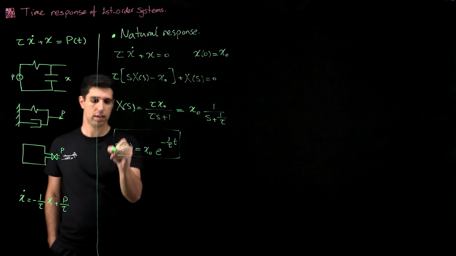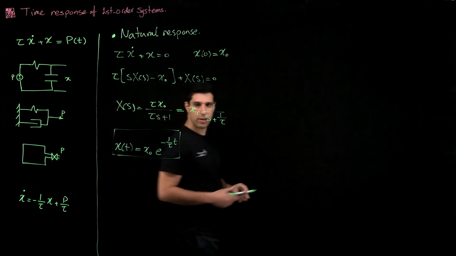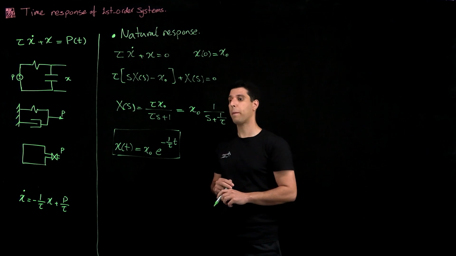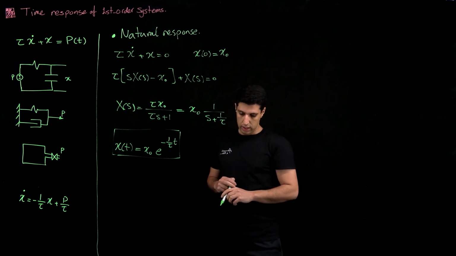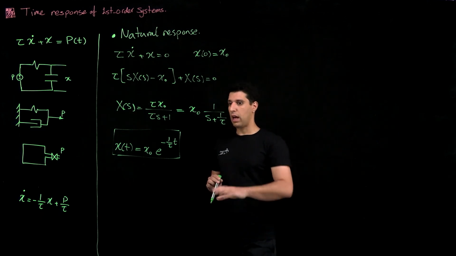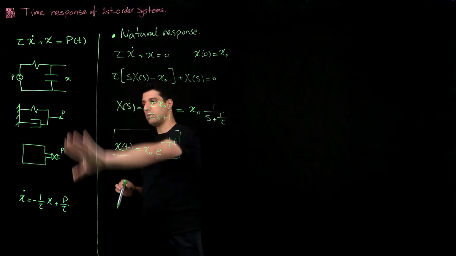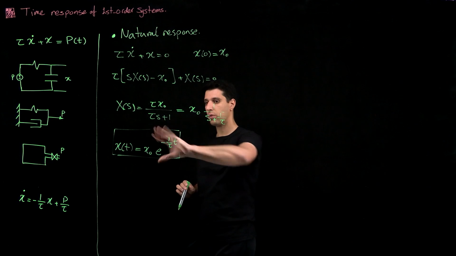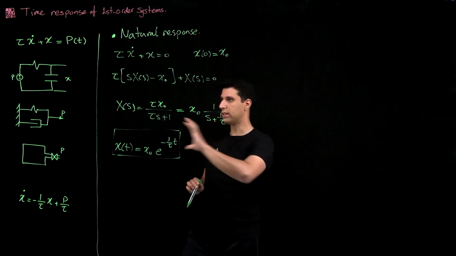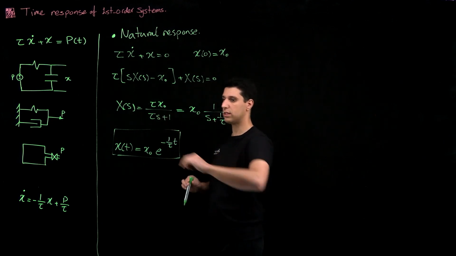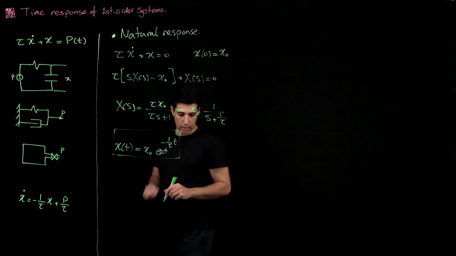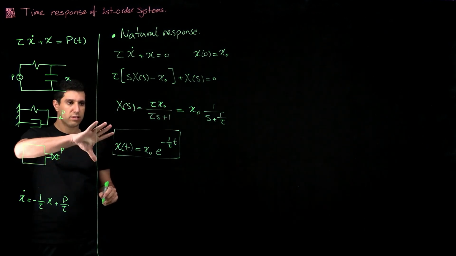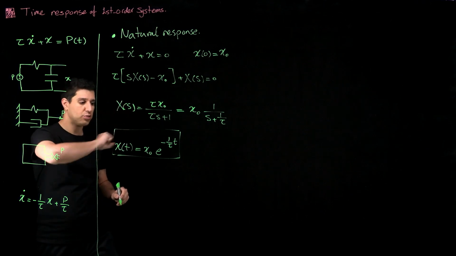So that is my solution to the differential equation. And all of these systems will have a natural response that looks like that. Doesn't matter the form, this is the solution. And this is a very nice, interesting characteristic form.